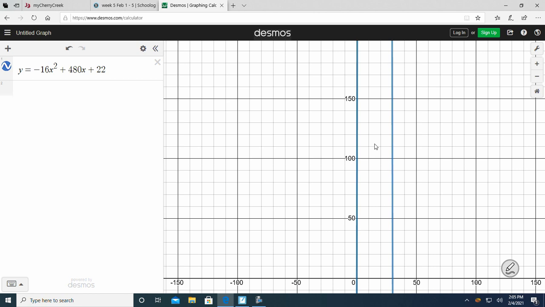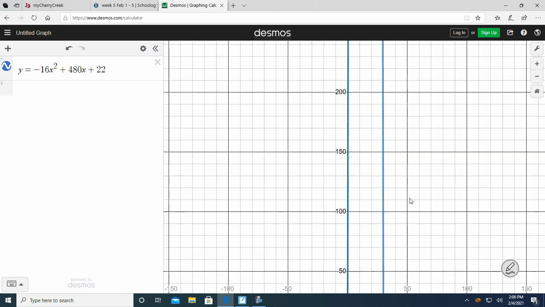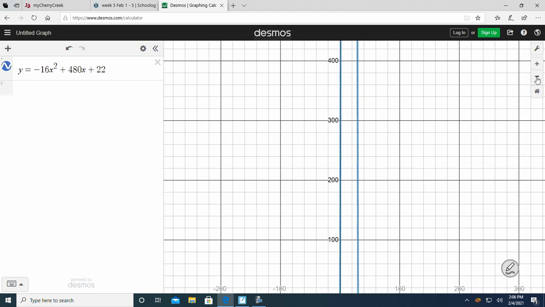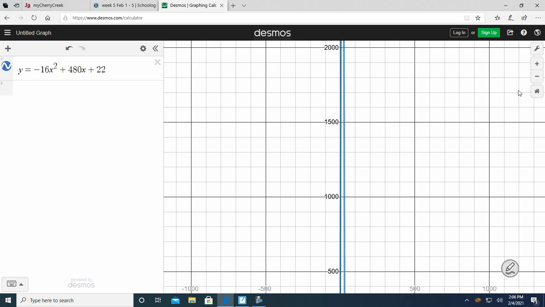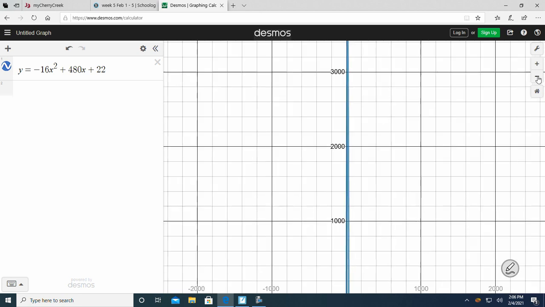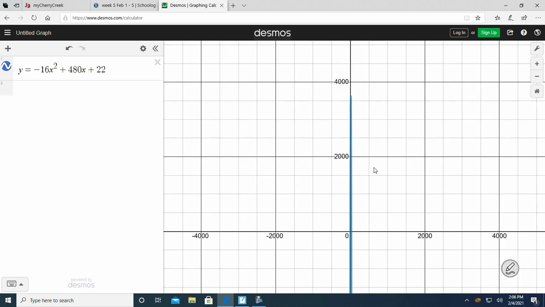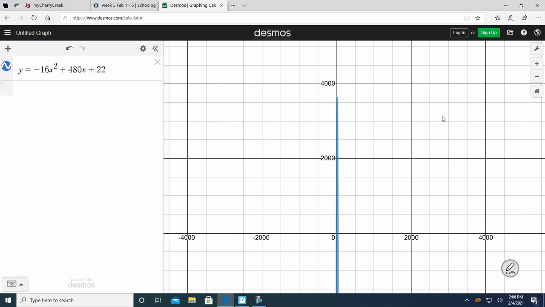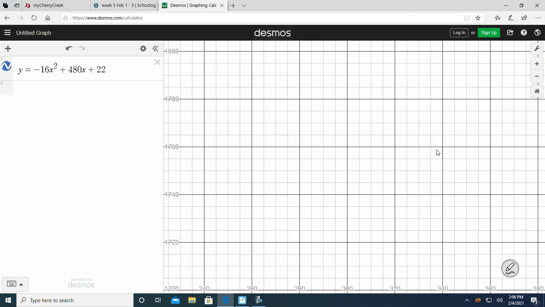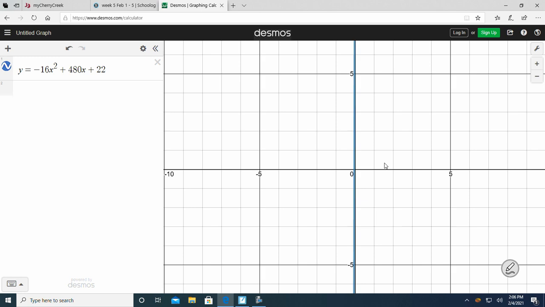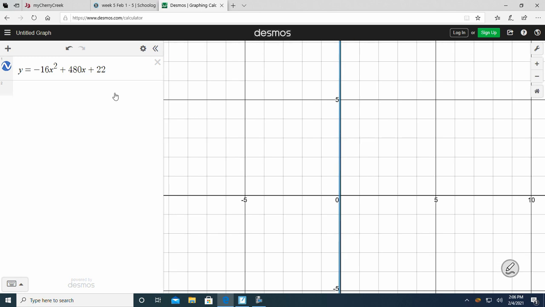Okay, so I want to try and get this entire graph in my window. Okay, so yikes. All right. I know that it ends up there, so now I'm going to go back in. All right, so I'm going to plot this.